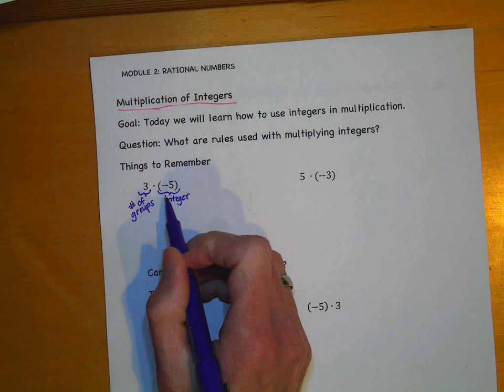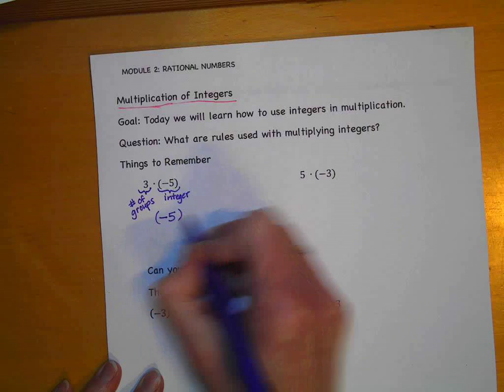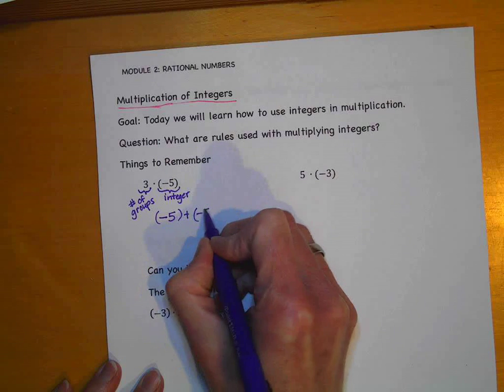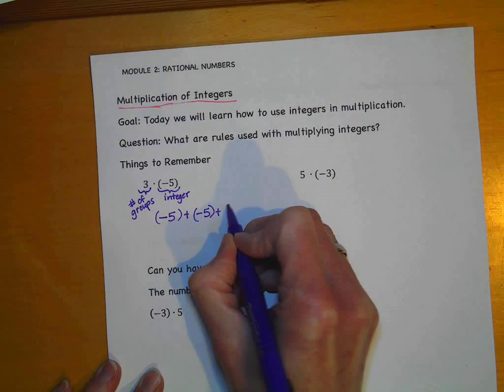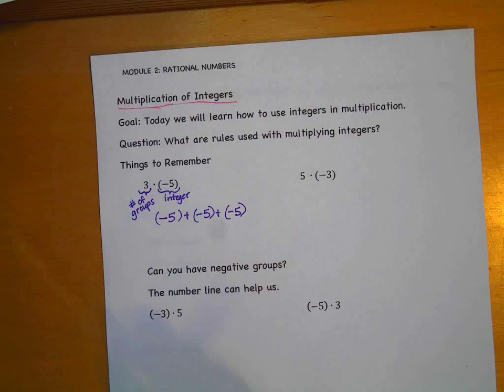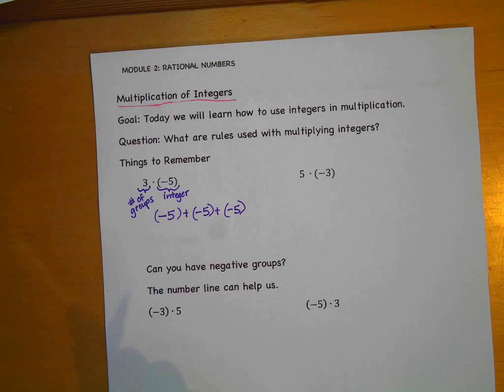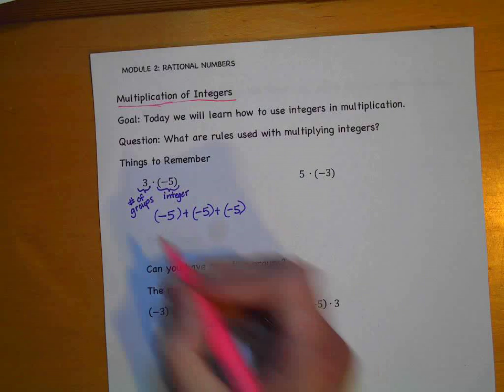So that means you are going to have -5 plus -5 plus -5, because we have 3 groups of -5. And we have been using the chips to help us see and understand this, so all we would have to do is draw exactly what we have.